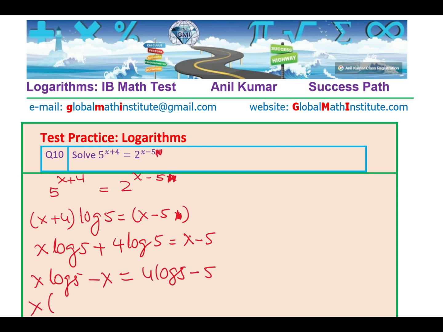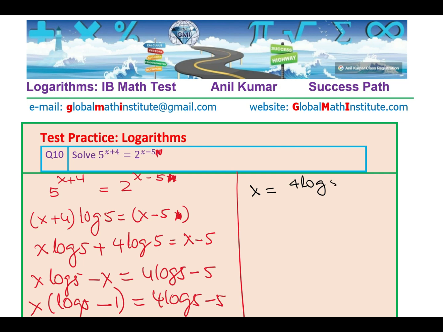So x common, we get x times (log 5 minus 1) equals 4 log 5 minus 5, correct? Okay. So if that is the case, we get the value of x as equal to (4 log 5 minus 5) over (log of 5 minus 1). Is that clear to you?